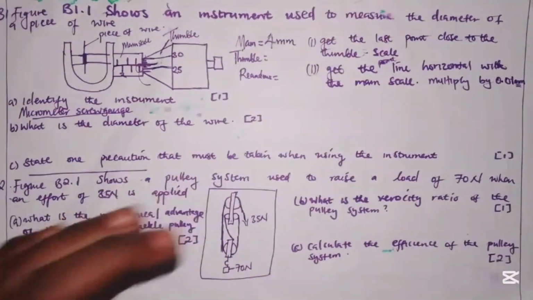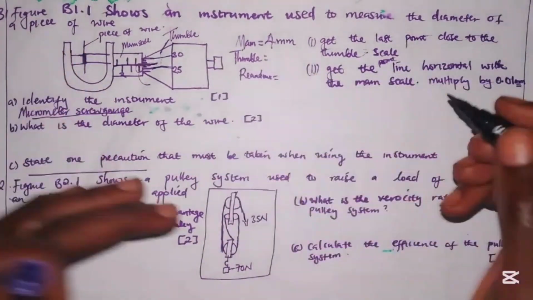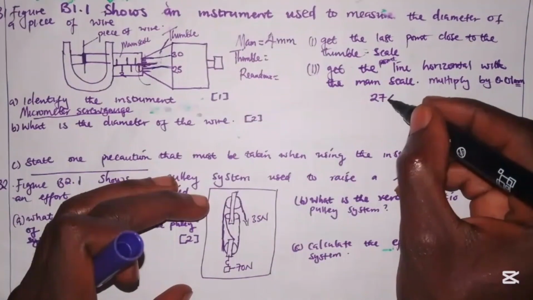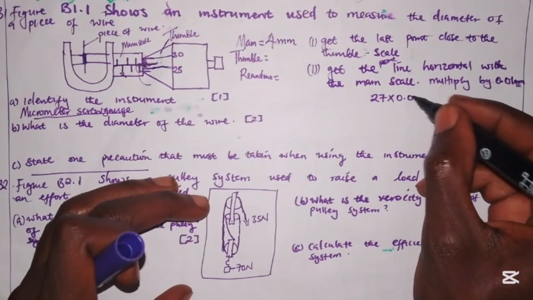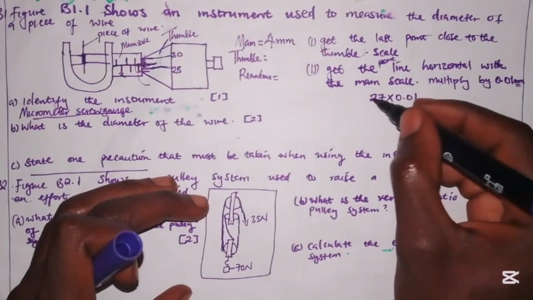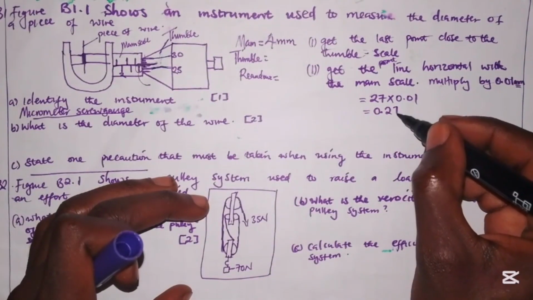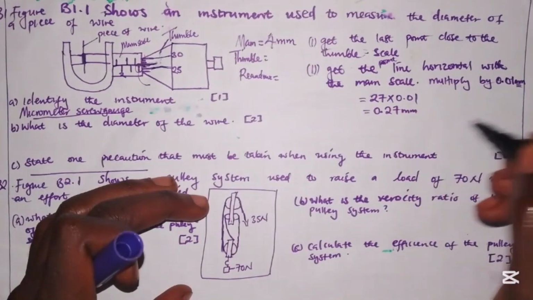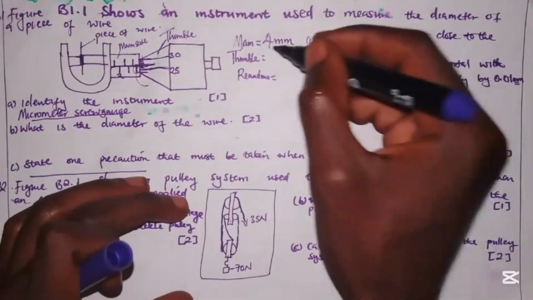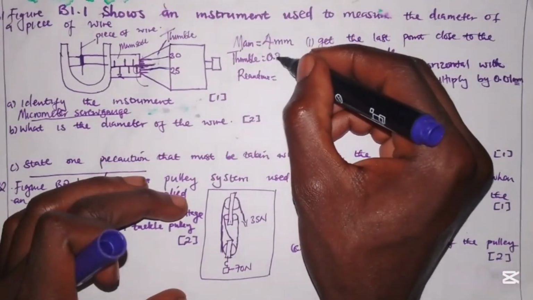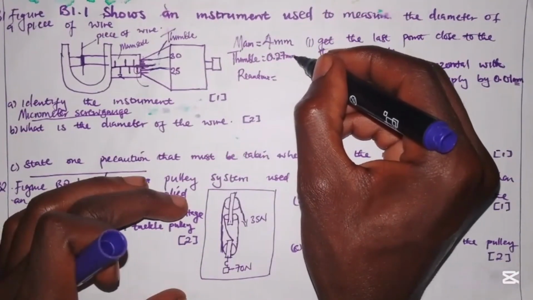Yeah. So in our case, our thimble, we said it's 27. So we multiply it by 0.01, which will give us what? 0.27 millimeter. Then this will be our thimble reading, which is 0.27 millimeter.